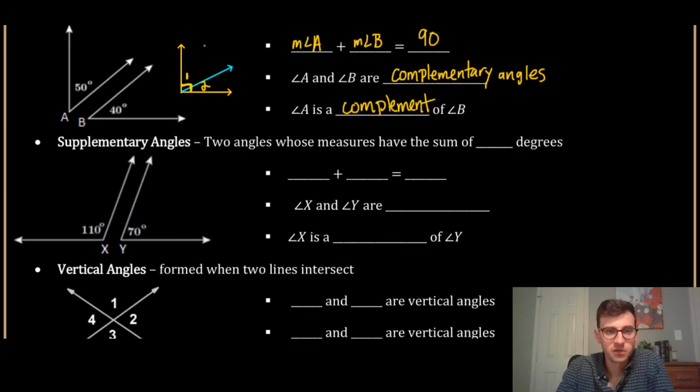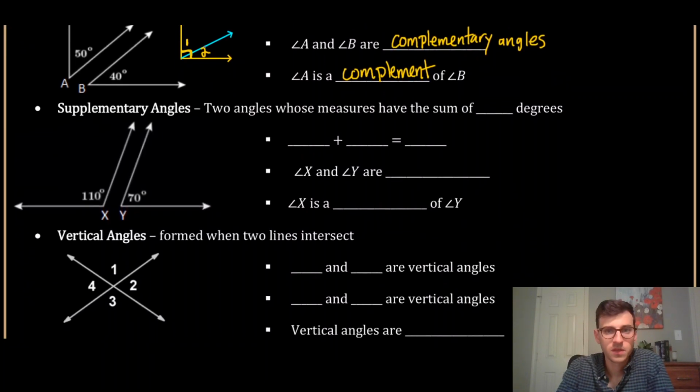Supplementary angles. Supplementary angles are two angles whose measures have a sum of 180 degrees. So in this case, angle X is 110 and angle Y is 70.